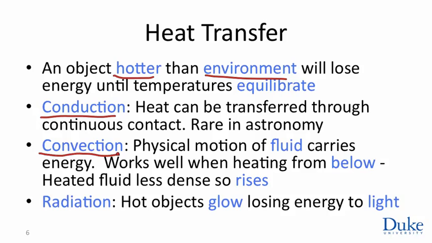The expanded heated fluid is lighter, less dense than the surrounding fluid. It therefore floats to the top and rises. Cooler fluid descends to take its place, and what you have is an energy transfer from the bottom to the top by heated fluid physically moving from one part to the other. And this does occur in astronomical phenomena.